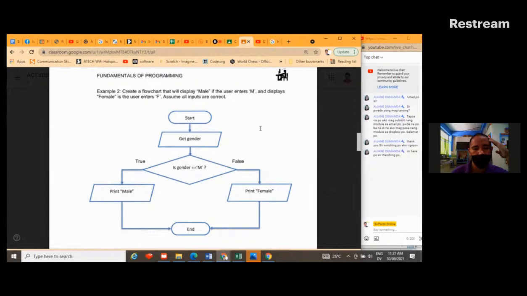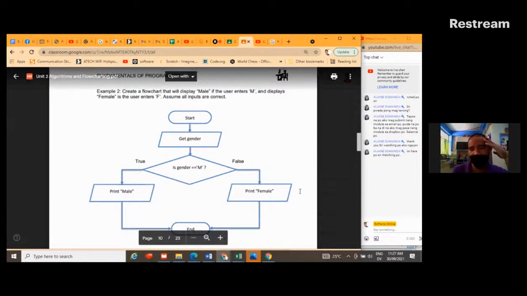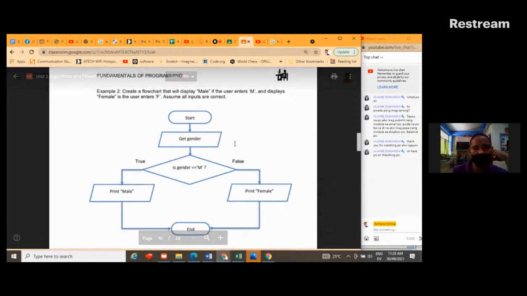So that is the gender. Actually, what we're having here is the sex, the male and the female. But anyway, let's just assume this is correct.